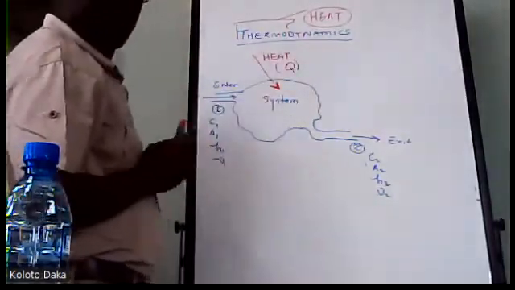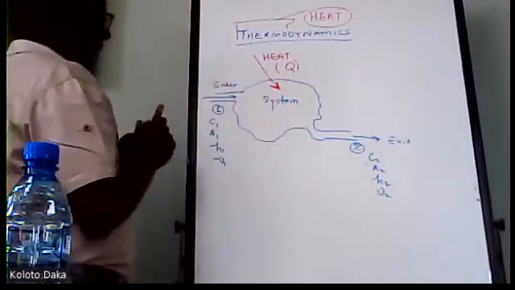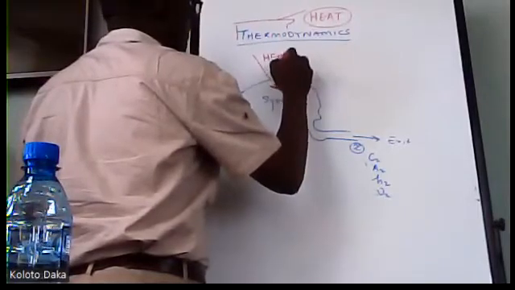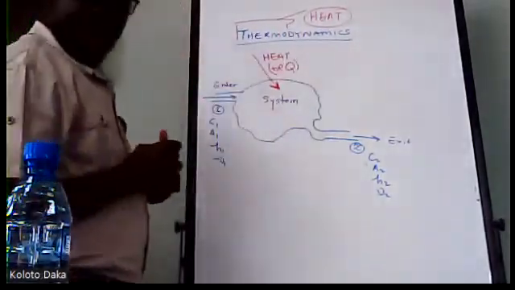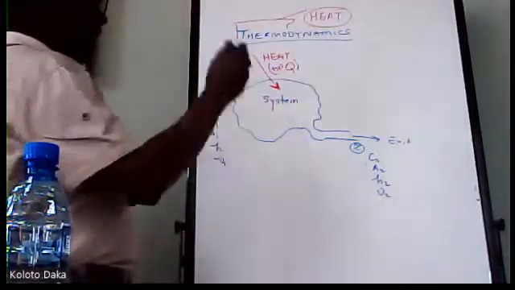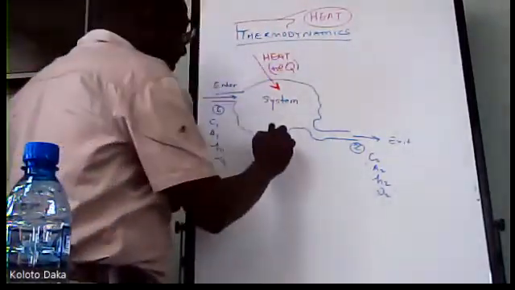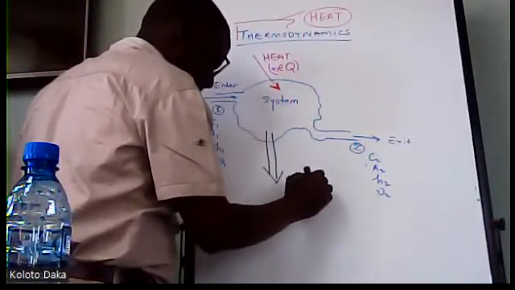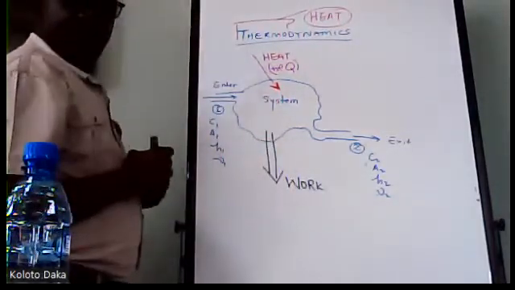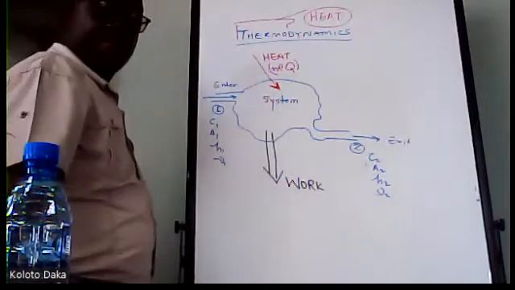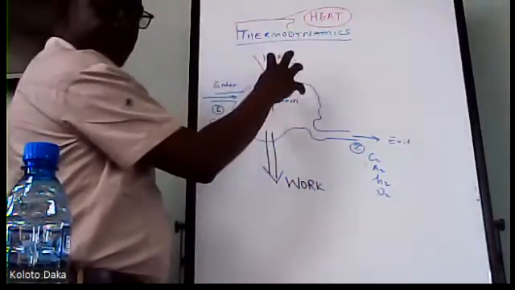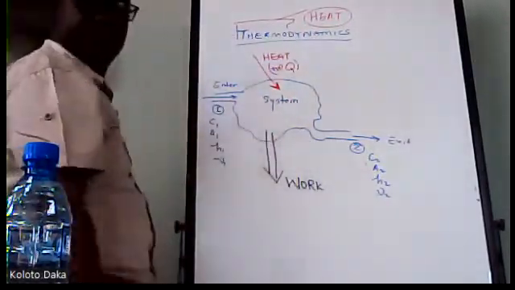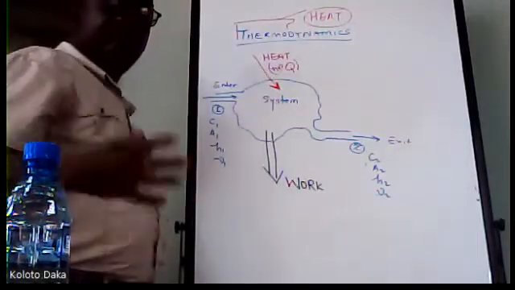Q. When we are applying heat to the system, Q shall be positive. Because our intention is to apply heat so that the system can give us what? Work. That's the whole idea of thermodynamics. We apply heat so that the heat can give us what? Work.